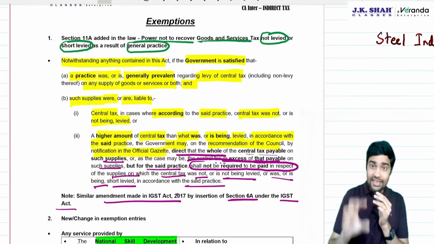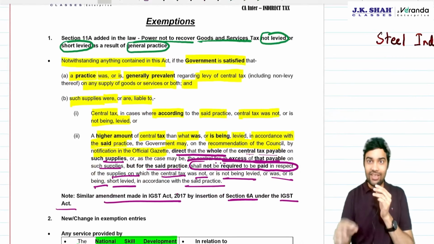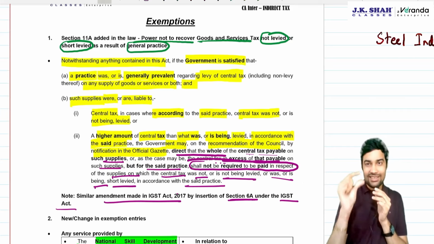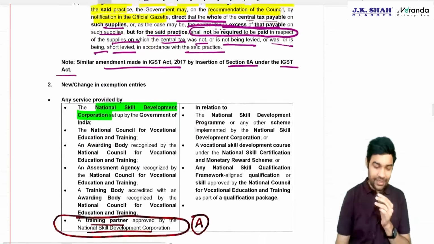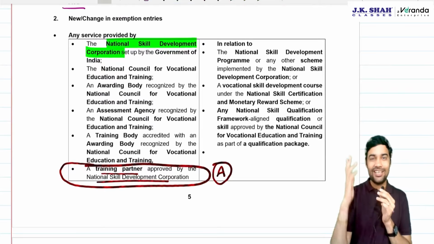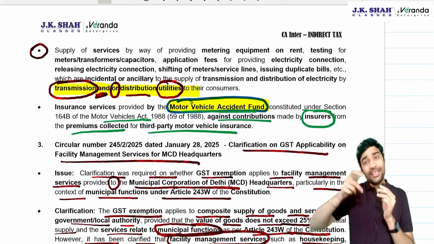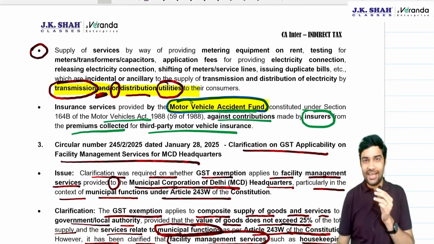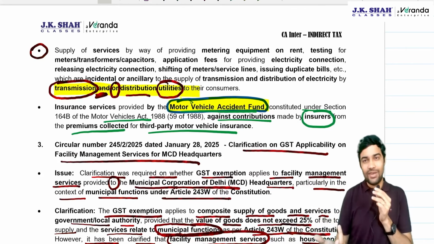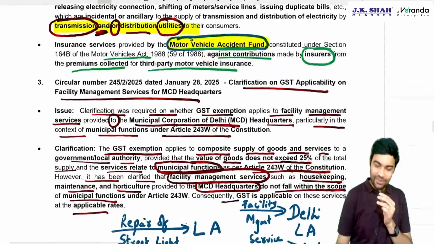Exemption 11A: if there is an industry practice due to which there is a non-levy or short levy, then government can waive off that entire tax or to the extent short levy was happening. NSDC training partners are now eligible for exemption. Transmission or distribution utilities both will get the exemption for metering, rent, or testing of equipments, duplicate bill charges, and other ancillary services.